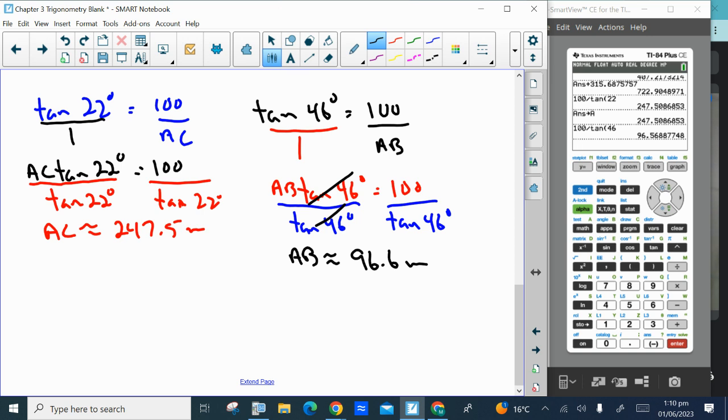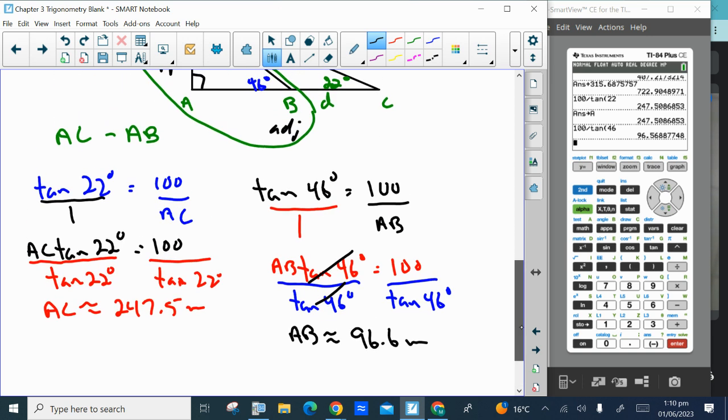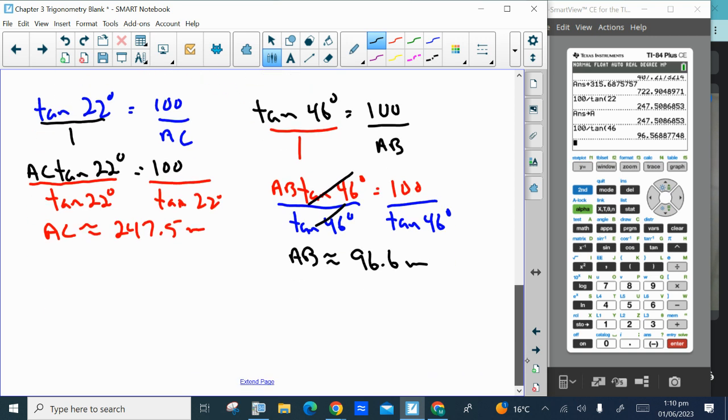And as we've said, to find the length of BC, we need to subtract those two sides. So our distance will be found by subtracting those two sides.